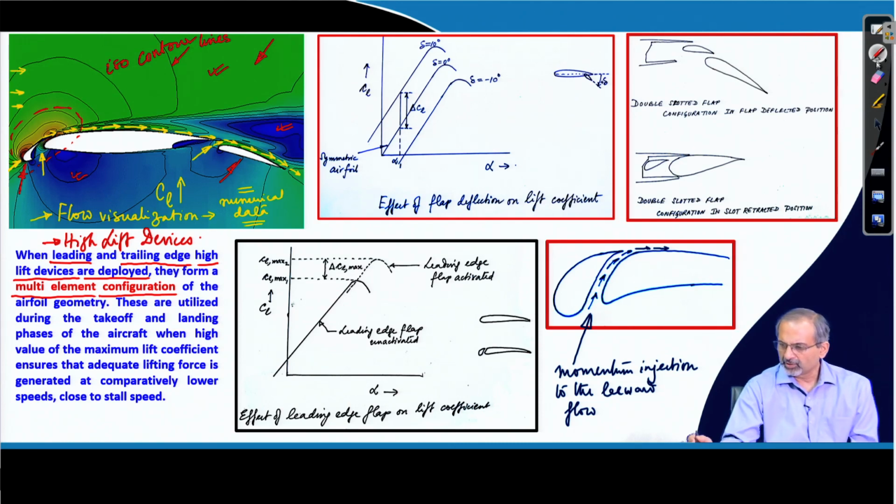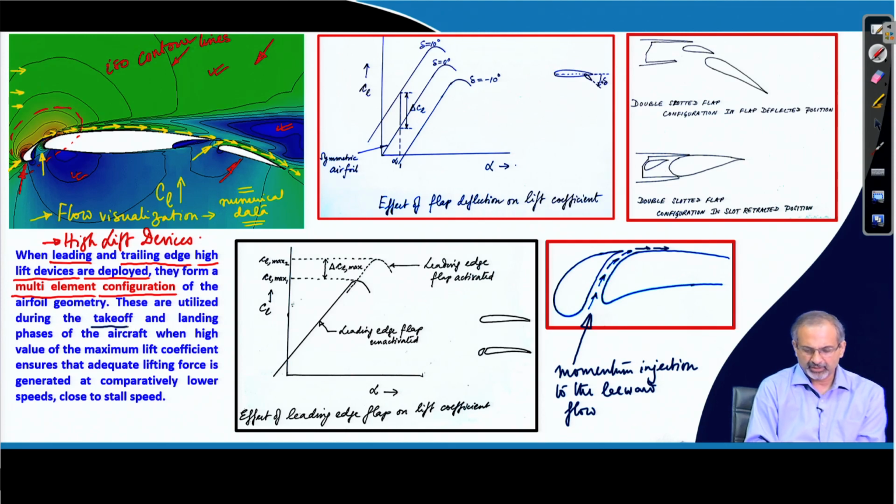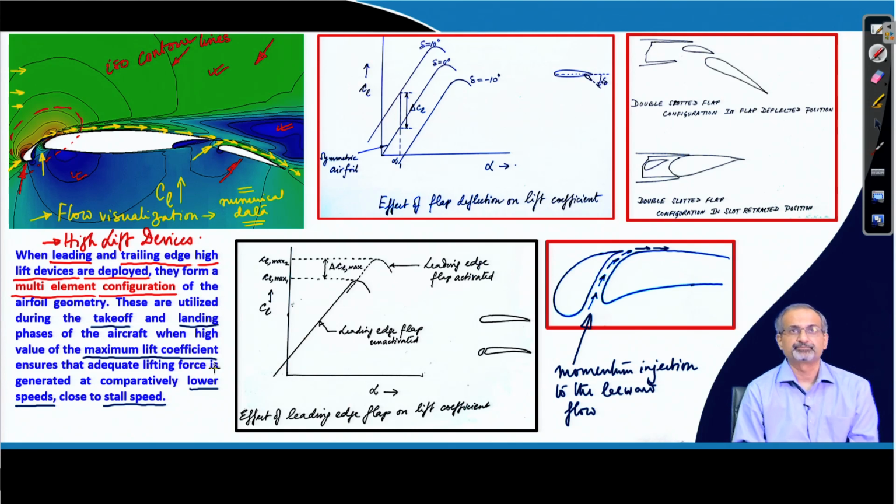So, we recall the application that during takeoff and landing phases of the aircraft, in order to increase the maximum lift coefficient, these high lift devices are deployed, and that ensures that the aircraft is still afloat at lower speeds close to the stall speed.